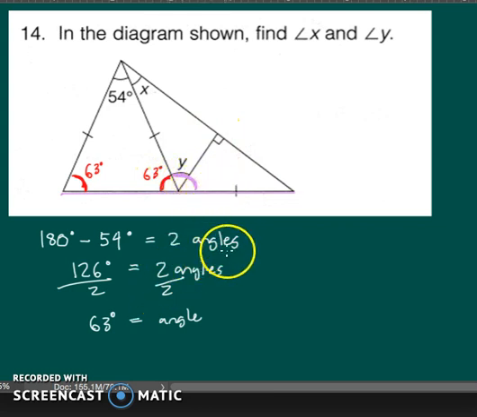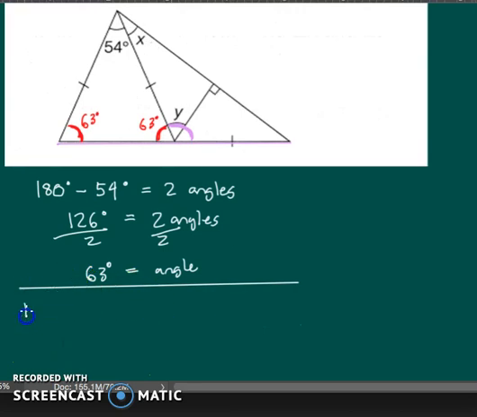So what is that value? So I'm going to say 180 degrees minus 63 degrees is equal to 117 degrees. So this whole purple angle here is 117 degrees.